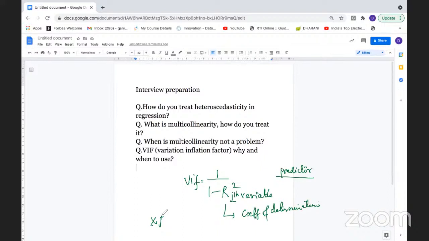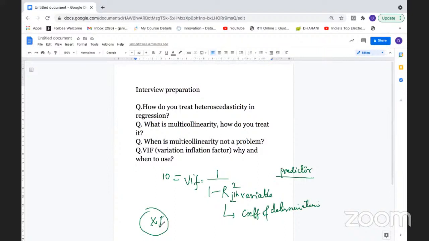This means that the variance for the coefficient of that particular predictor variable, let me write if it is 10, is 10 times as large as it would be if that particular xj were uncorrelated with other predictor variables.